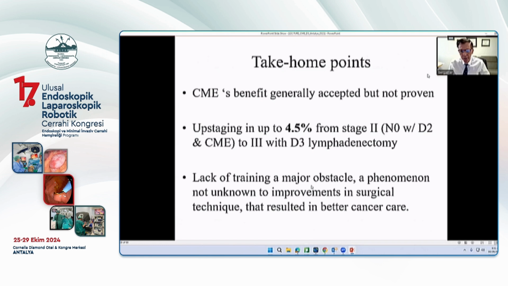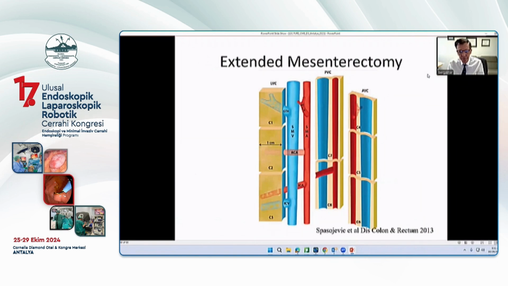And the question remains controversial whether the risk of complications will outweigh the benefit of identifying metastatic lymph nodes. That would be all.